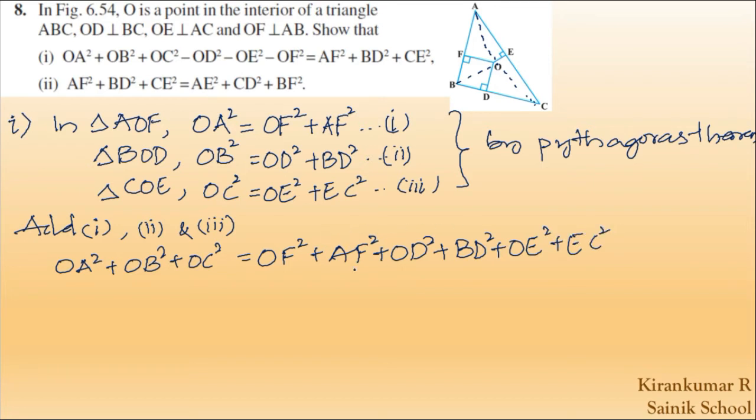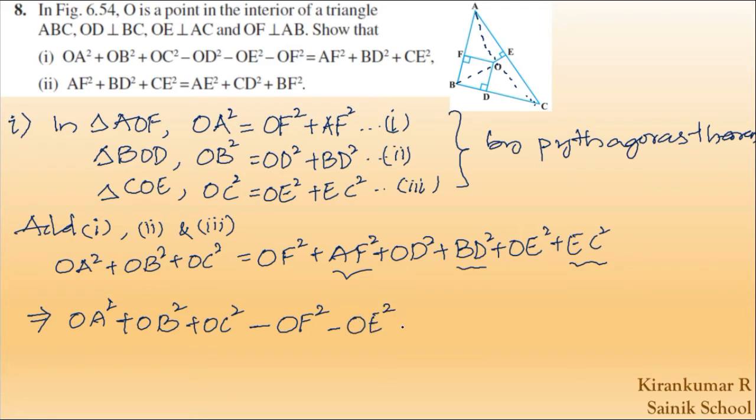What I can do is I'll retain AF, BD and EC. Rest of the things I'll transpose to the left hand side. So this implies OA square plus OB square plus OC square minus OF square minus OE square minus OD square equal to AF square plus BD square plus EC square.